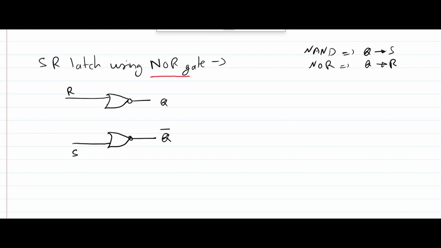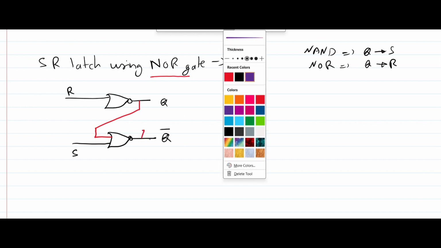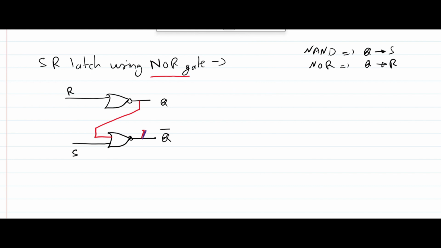Again, output Q will be connected to the NOR gate for which output is Q bar, and this Q bar is input to the NOR gate for which output is Q. Okay, so the construction is done.